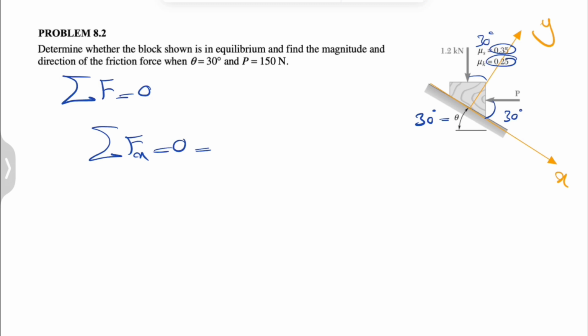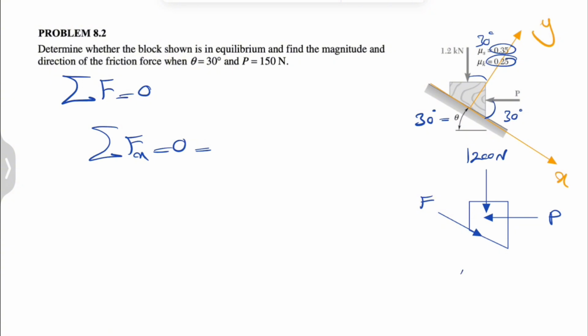Let's see what we have in x. We have to consider one friction for now. If you want to draw the free body diagram, this will be our force P. We have the 1.2 kilonewtons or 1200 newtons force. The other force that we have is friction. We don't know the direction of friction, so let's just assume for now that this is our friction.